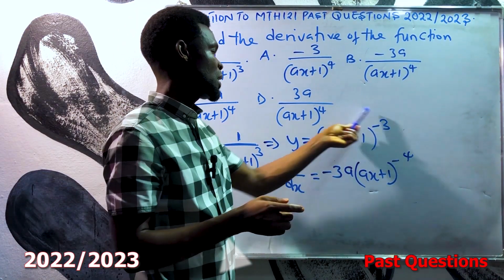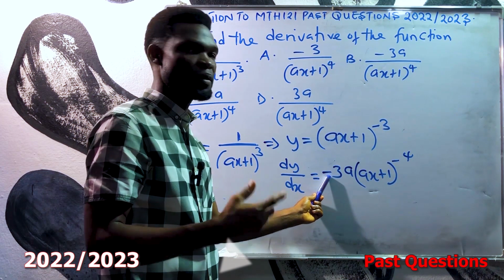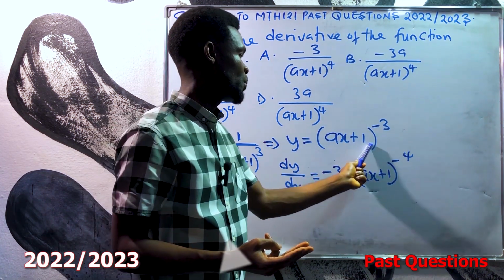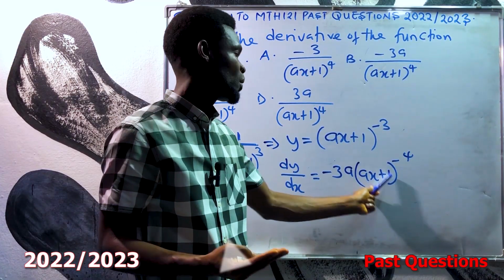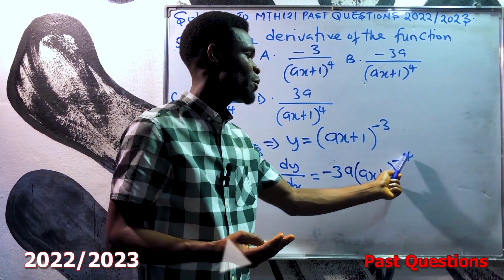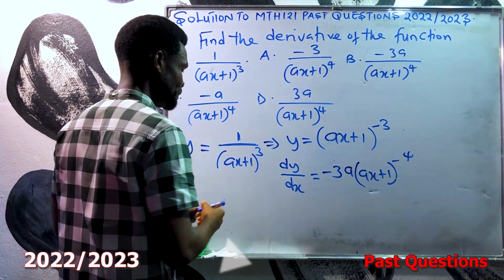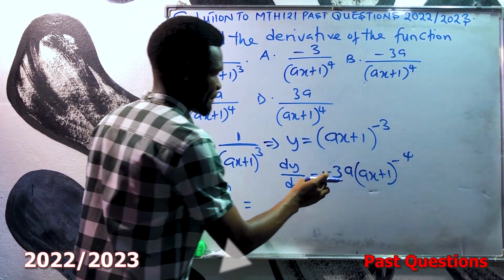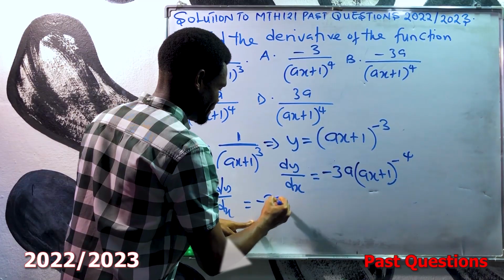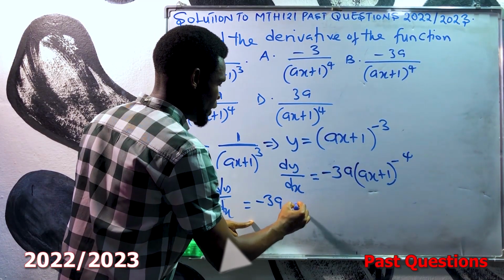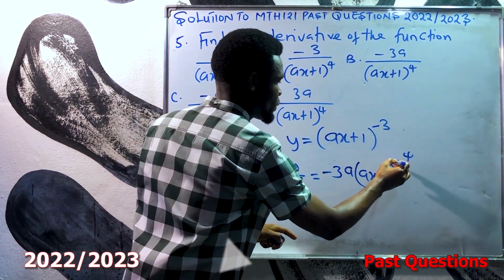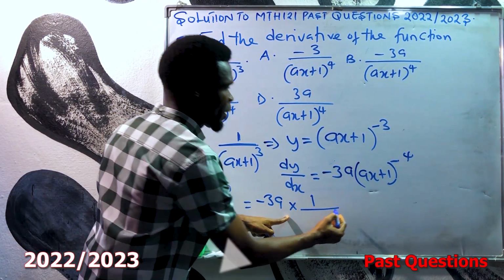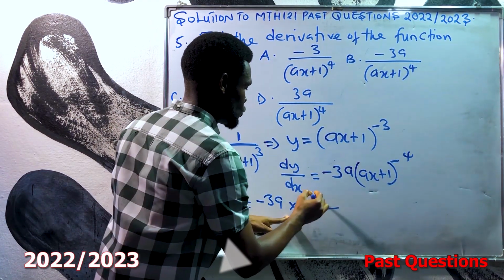Step 1, bring down the power, minus 3. Step 2, differentiate the bracket, you have a. Step 3, repeat the bracket, here it is. Step 4, subtract 1 from the power, you have minus 4. So it means that dy dx is equal to minus 3a, times this small minus here, don't forget what we did earlier, will be 1 over.